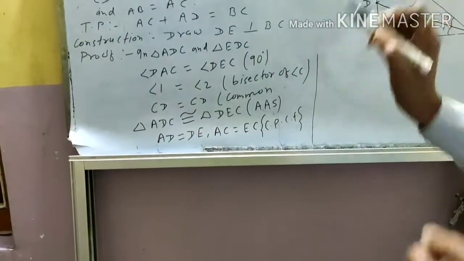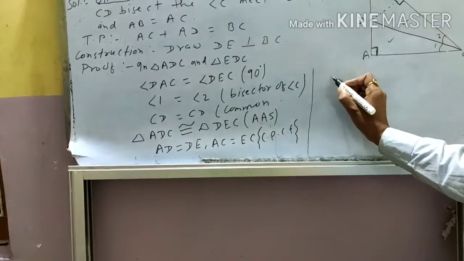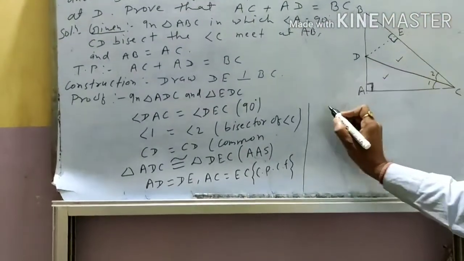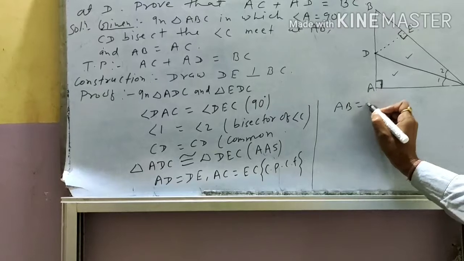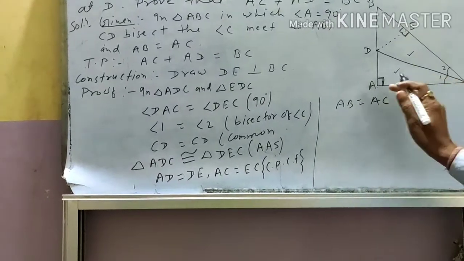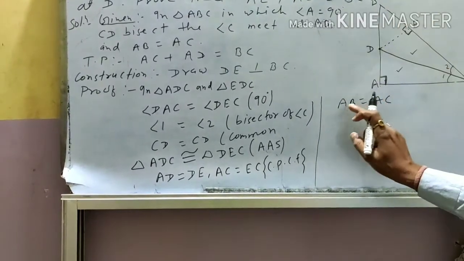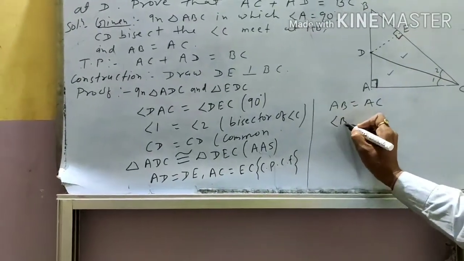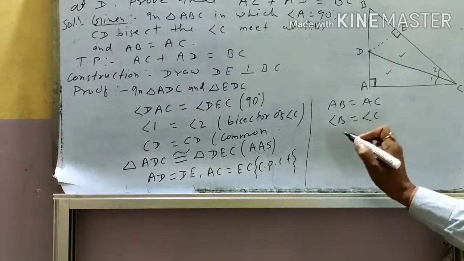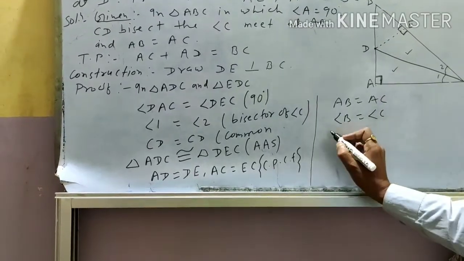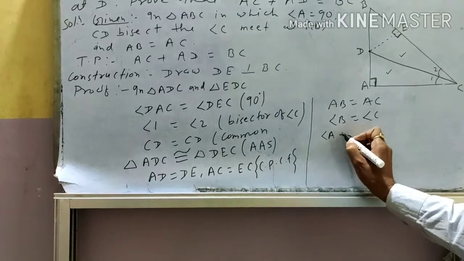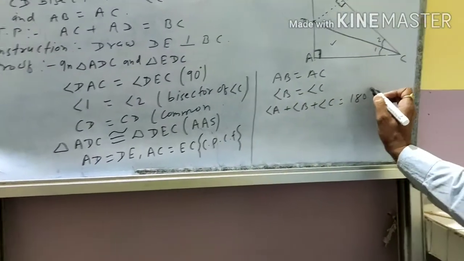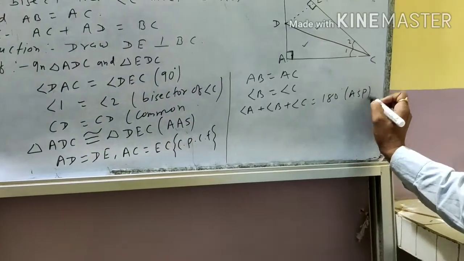Then after, student, we know one thing is given here: AB is equal to AC. That means this side is equal to this side. The opposite angles of these two sides are equal, so angle B is equal to angle C. So angle A plus angle B plus angle C is equal to 180 degrees by the angle sum property.